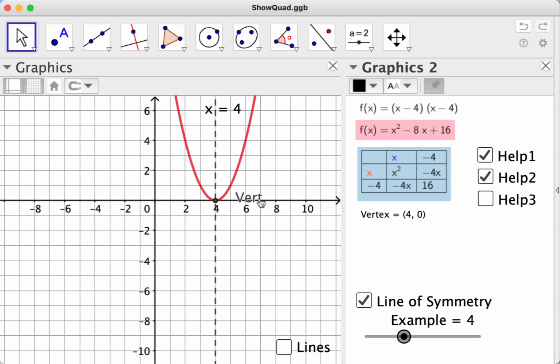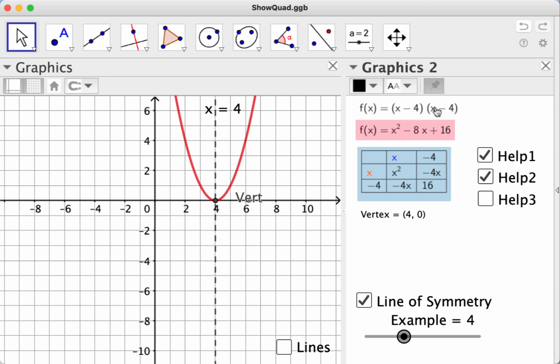Another one we want to pay attention to is when these two have the exact same value. We have an x minus 4 times an x minus 4. When we multiply that out, we get x squared minus 8x plus 16. So in this case, we have that the x value of the intercept is 4 and another 4. And so what that means is that both the x-intercepts are at the exact same point at 4, 0.